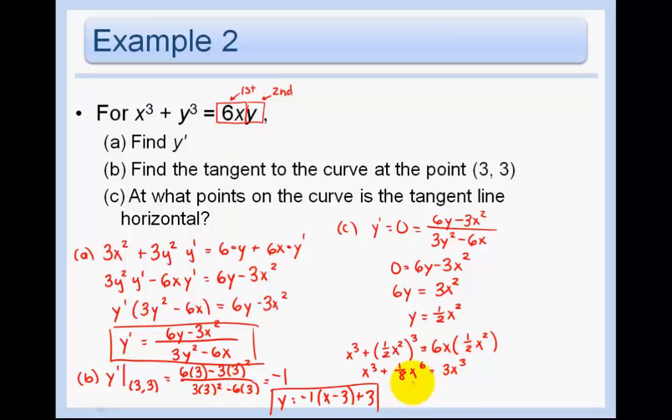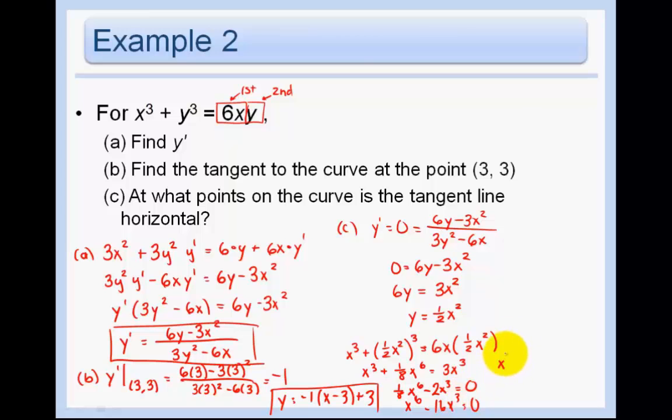So let's go ahead and put everything on the left: 1/8 x to the 6th minus 2x cubed equals 0. I don't really like fractions, so let's get rid of them. Just multiply everything by 8, so we get x to the 6th minus 16x cubed equals 0.